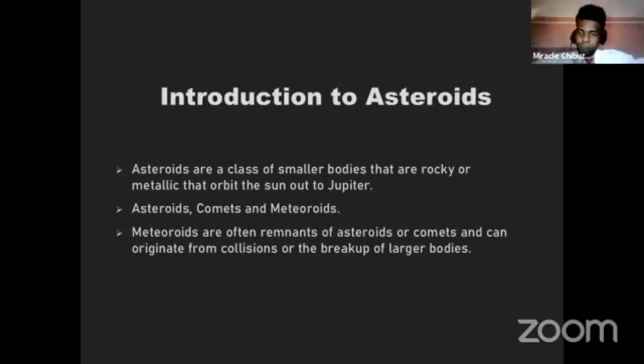If you have these bigger asteroids, no matter their size, when they collide, they break into other pieces, or maybe you have two comets. When they collide, they become smaller in size. Those are the ones we call meteoroids. So meteoroids are often remnants of asteroids or comets that can originate from collision or the breakup of larger bodies. So understand the difference between meteoroids, asteroids, and also comets.